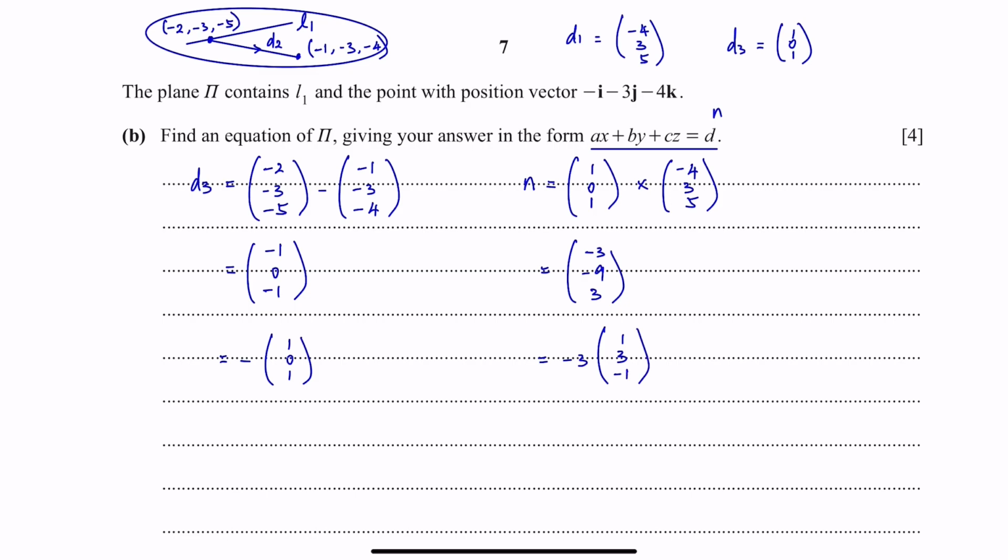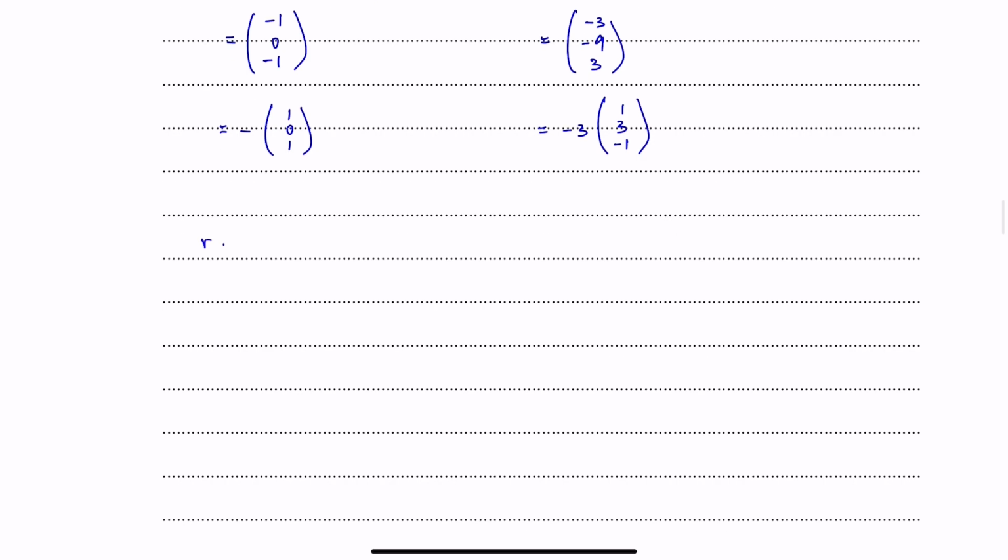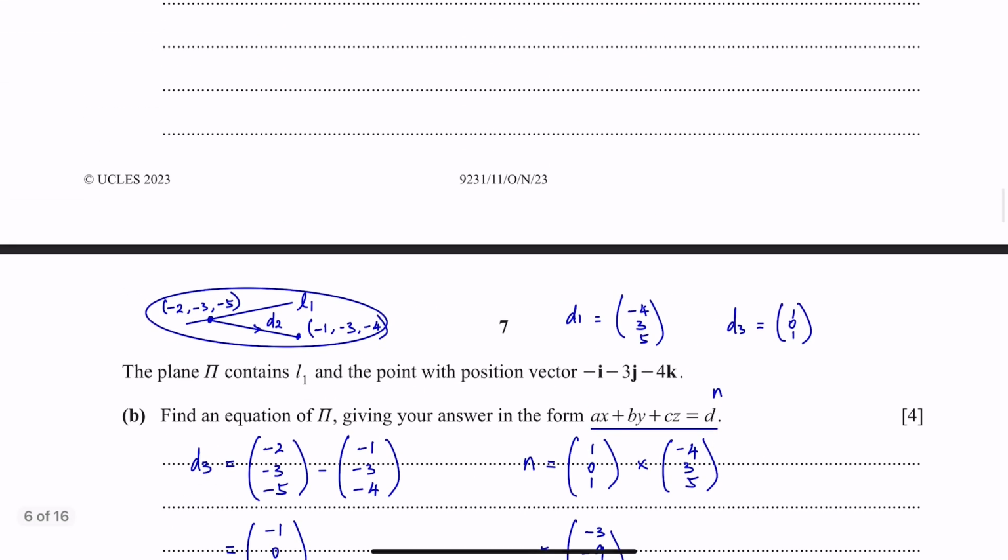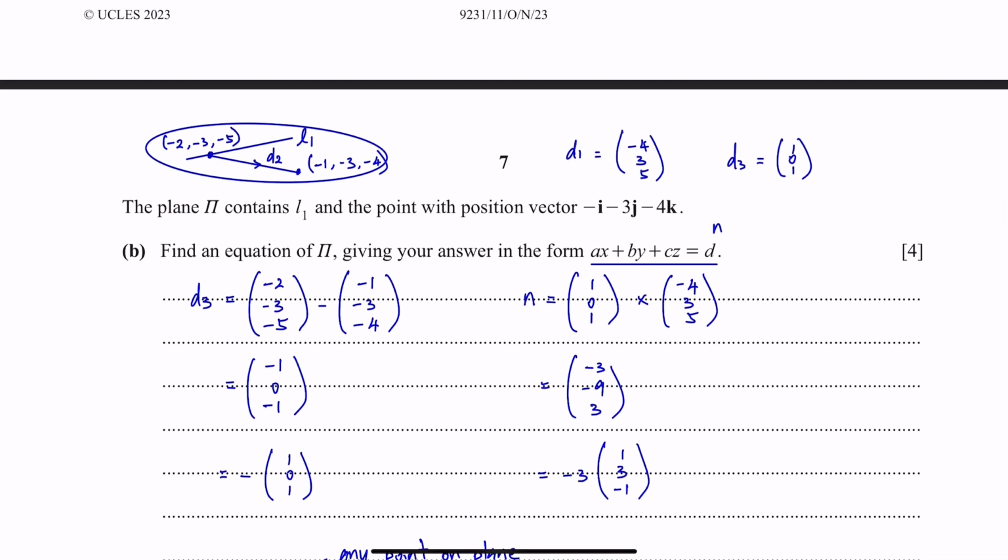So to find the equation, this will be the formula. R dot n equals to A dot n. So what is R? We can just put it as x, y, and z. Dot product with the normal vector 1, 3, -1 equals to A. A can be any point on the plane. So let's use this.